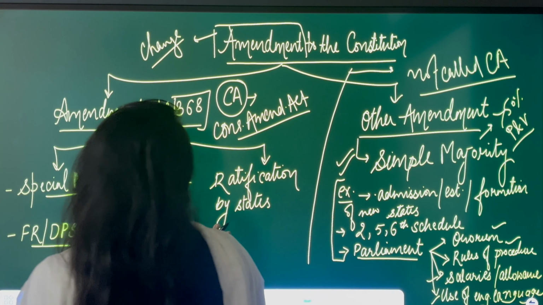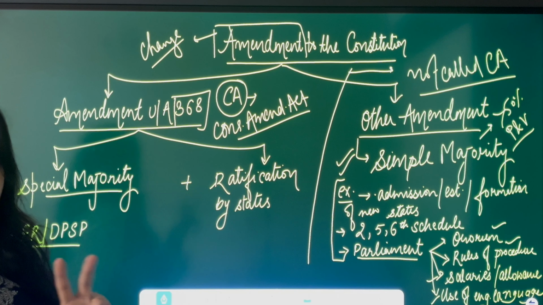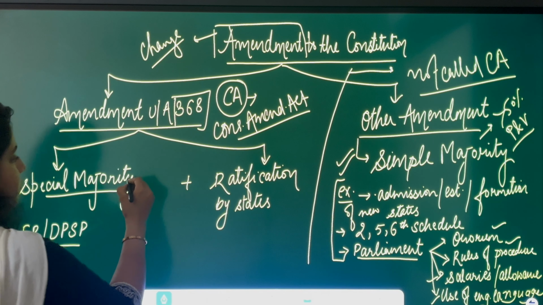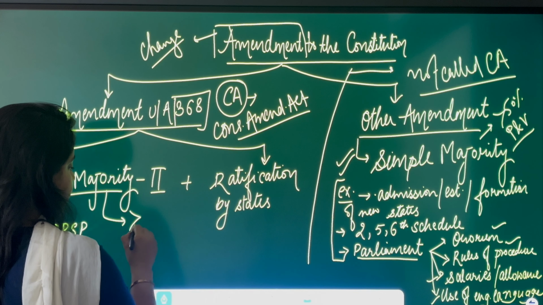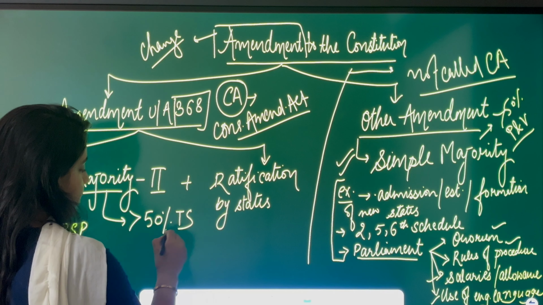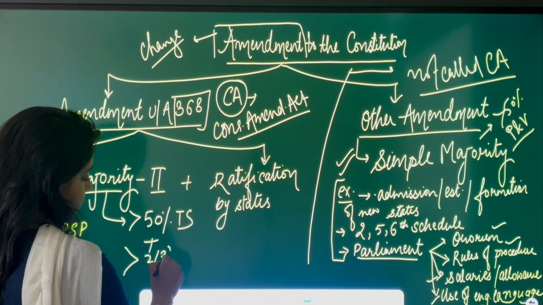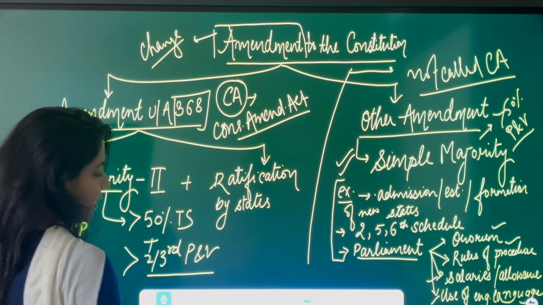Now come to Article 368. In Article 368 also, there are two types of amendment. One is by special majority type 2. That means more than 50% of total strength plus more than 2/3 of present and voting, as we had already discussed.